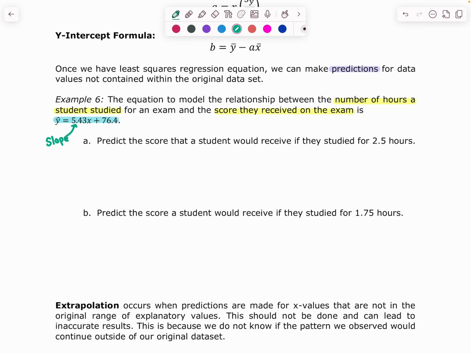X represents the hours that they studied. 76.4 is the y-intercept. And then y hat is the prediction for the score that a student would get. So we're going to use this formula to predict the score that a student would receive if they studied for 2.5 hours.